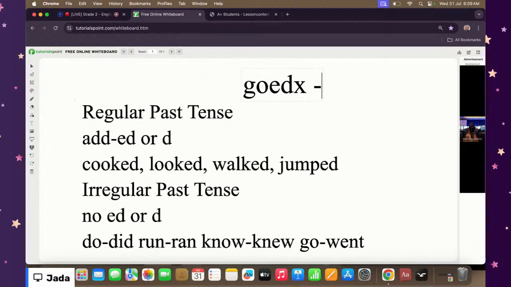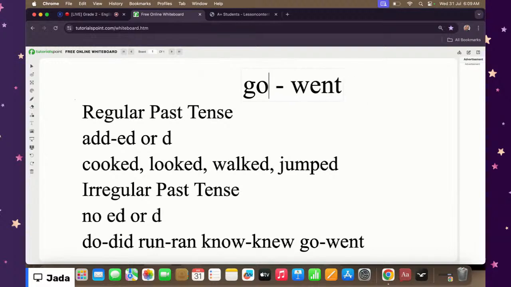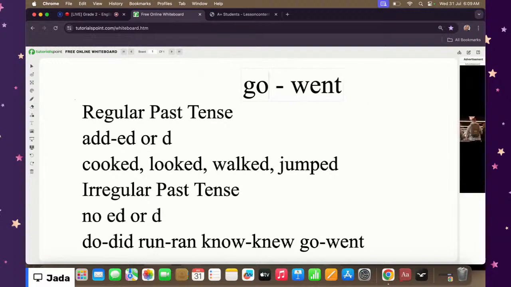But instead, you say went. Okay, so for go, you have went as the past tense. Okay, so that's it for irregular past. Like I've said, they do not follow the normal pattern of saying you add ed or d. They are unique on their own.